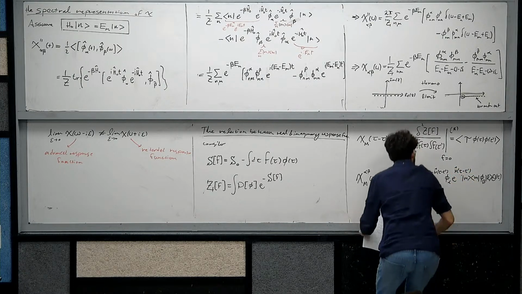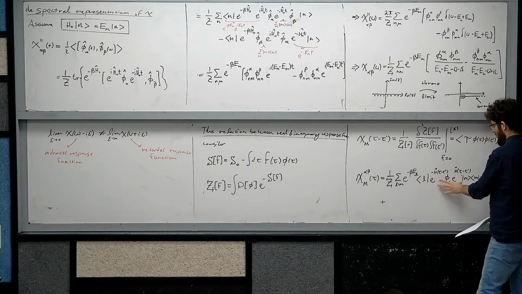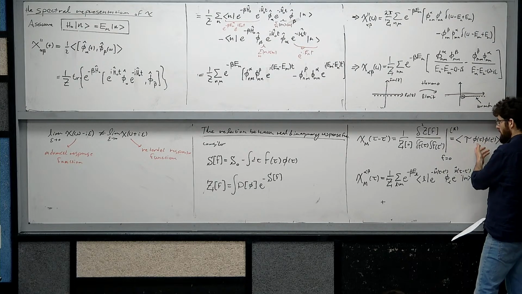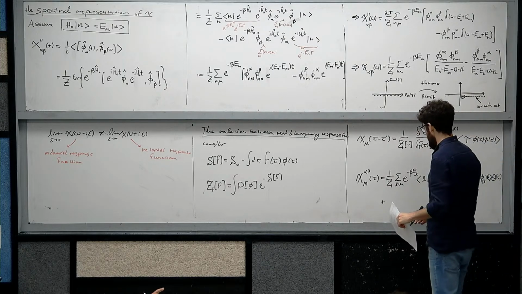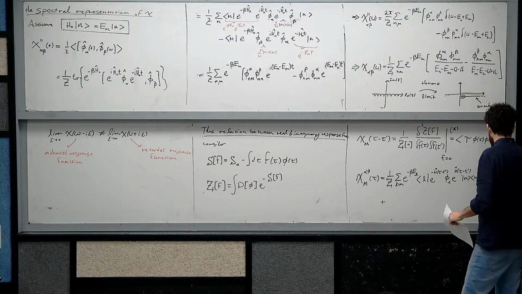So what this means is that when tau is larger than tau prime, they come in this order, and when tau is smaller than tau prime, they come in the opposite order. Inside the theta function you also have tau. Yes, right, yes, okay.